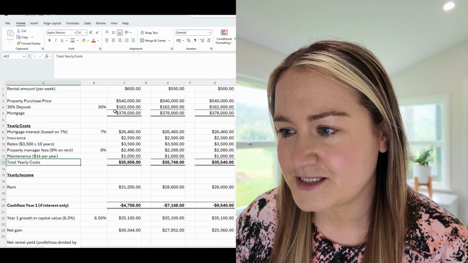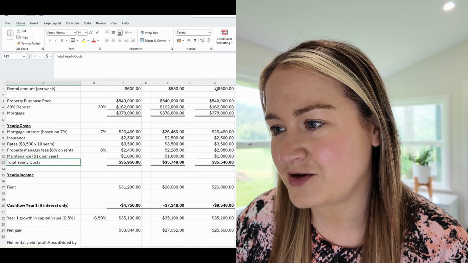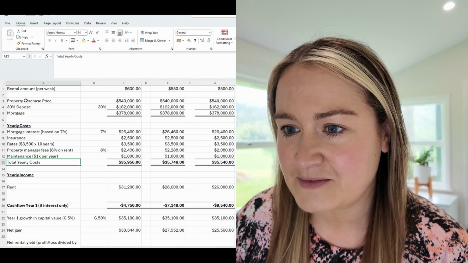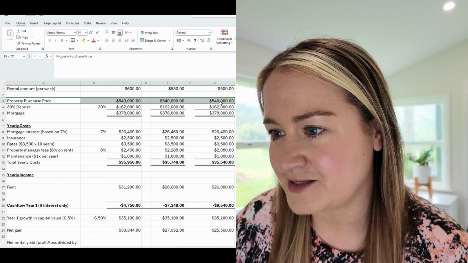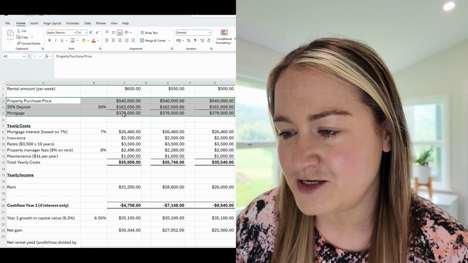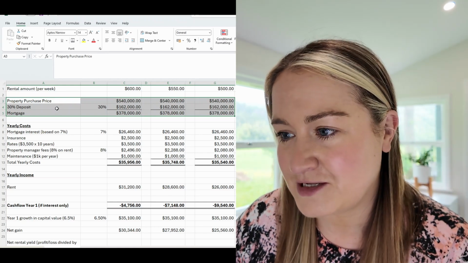Okay, so as you can see, I've got 3 different columns and each one is based on a different rental amount per week. I've kept the property purchase price and deposit required the same. So this is based on interest only and a deposit amount of 30%.